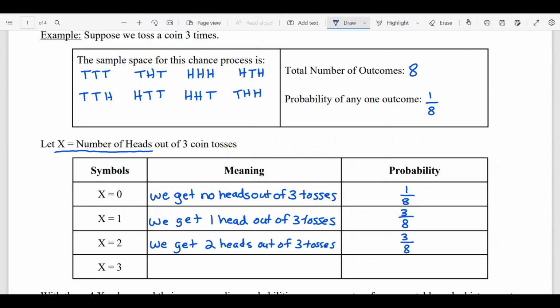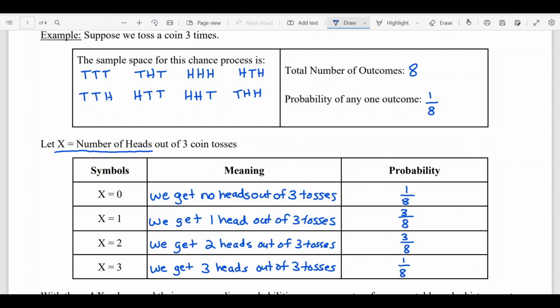And then the last one, X equals 3. We get 3 heads out of 3 tosses, and you can see that there's only one event where that happens. So that probability is 1/8.